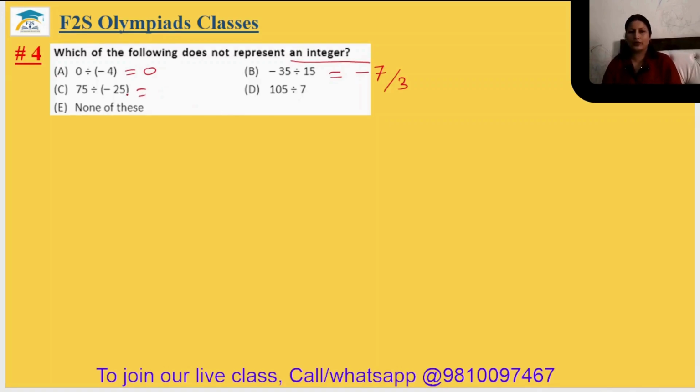Okay. So minus 7 by 3 is a fractional number, and a fractional number cannot be an integer. So option B cannot represent an integer. Fourth answer is B.